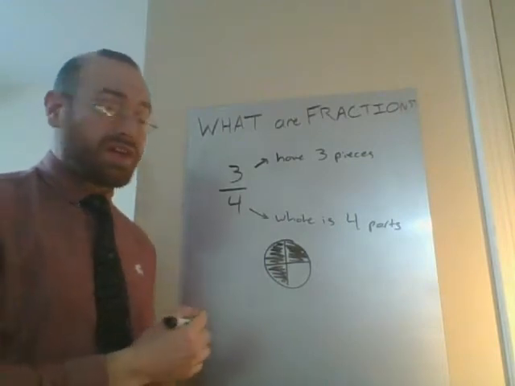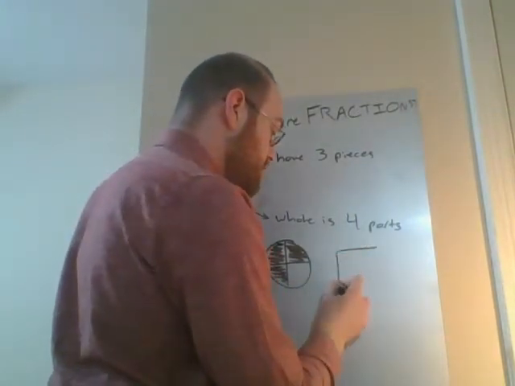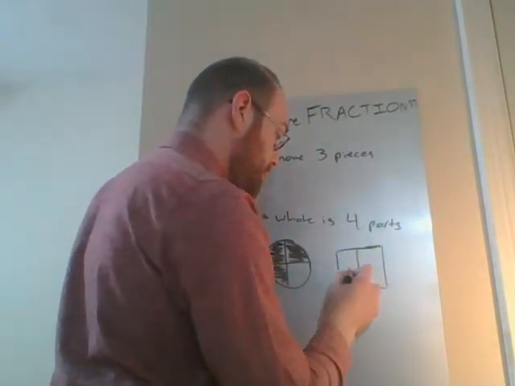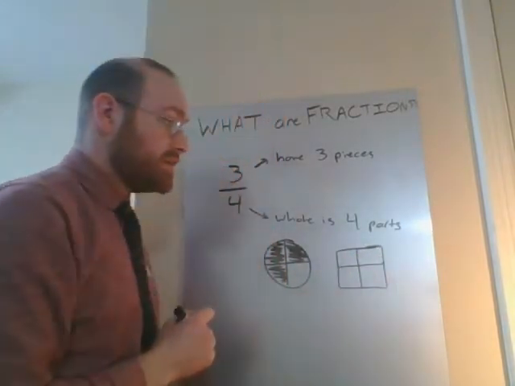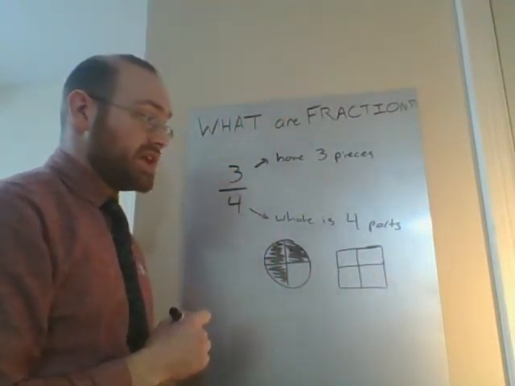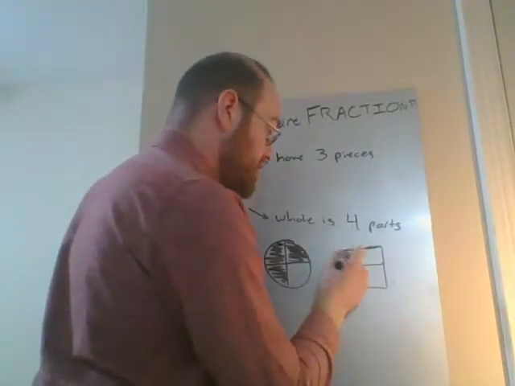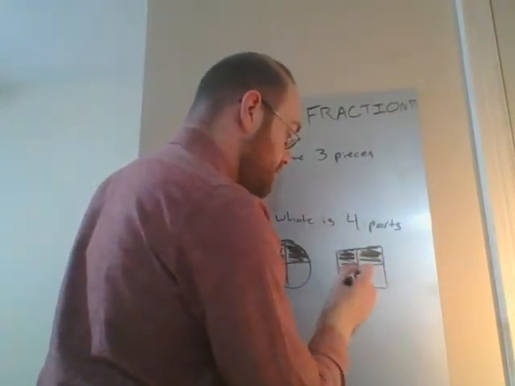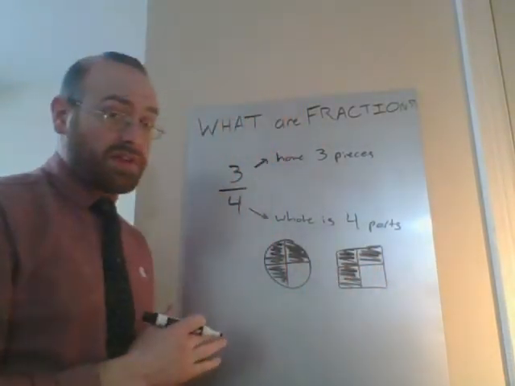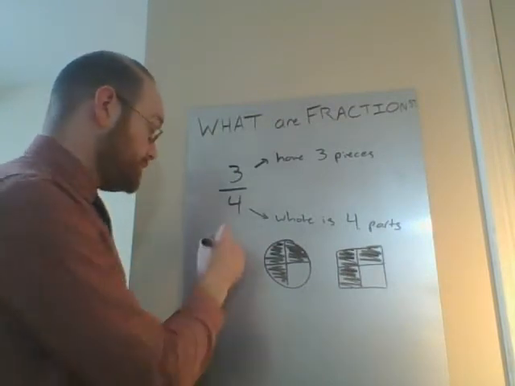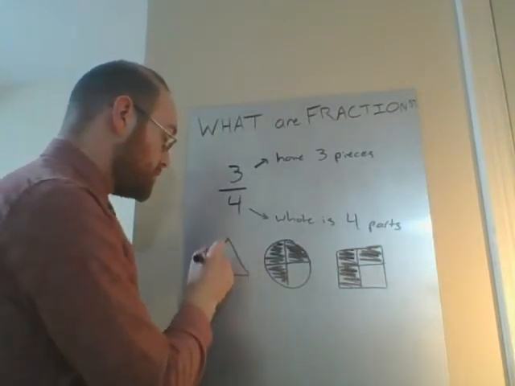We don't need to use a circle. We could also use a square. And then if we wanted to shade in 3/4, you'd shade in 3/4. If you're really feeling creative, you can use any shape. For example, a triangle.